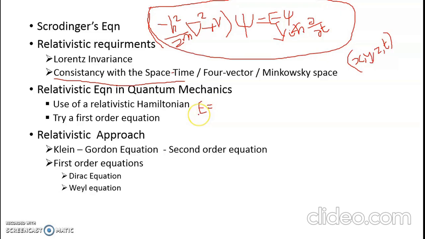Once we make such a formulation, we will be capable of having a relativistic wave equation. Another trial is this, however, though we can make use of the 3rd fundamental postulate, there will be some limitation, because the relativistic expression for energy is E equals square root of p square c square plus m square c power 4.